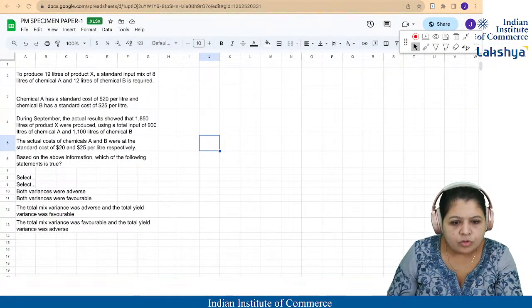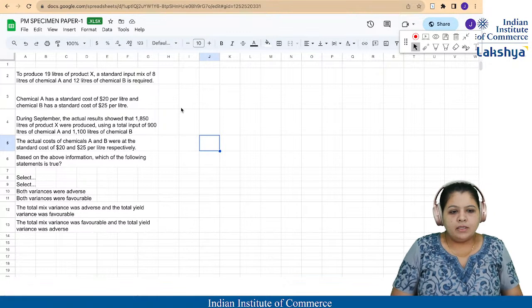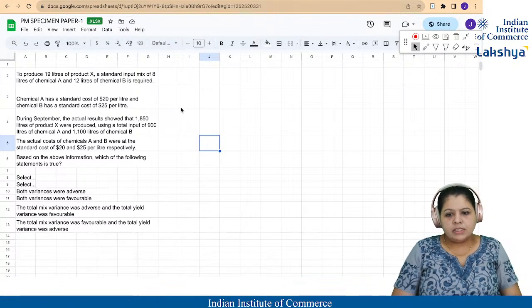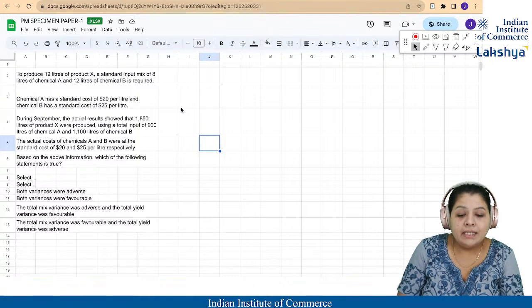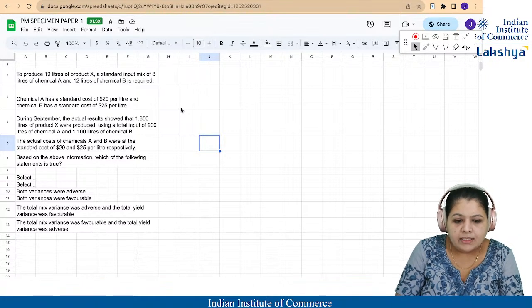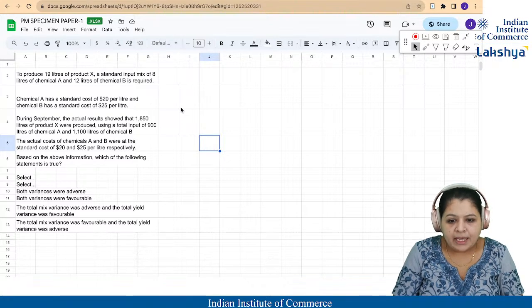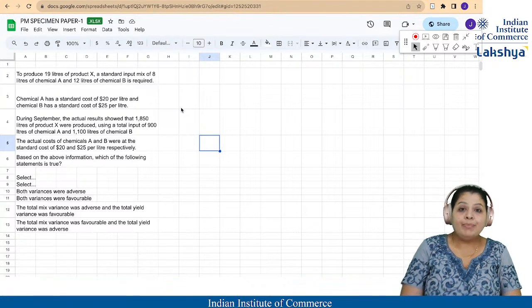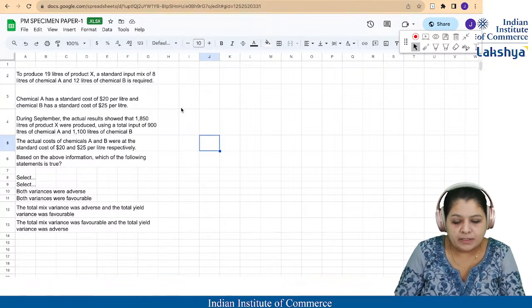Right. Thank you so much for waiting. Let's just quickly go through this question. If you notice, this is a variance question which says: to produce 19 liters of product X, a standard input mix of 8 liters of chemical A and 12 liters of chemical B is required. Chemical A has a standard cost of $20 per liter. Chemical B has a standard cost of $25 per liter.